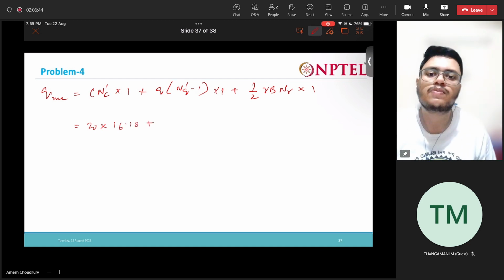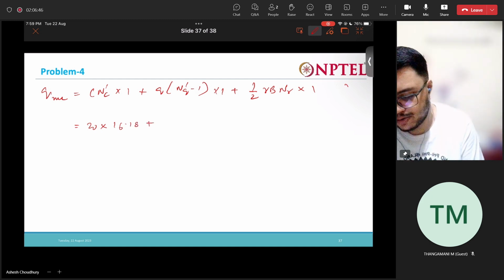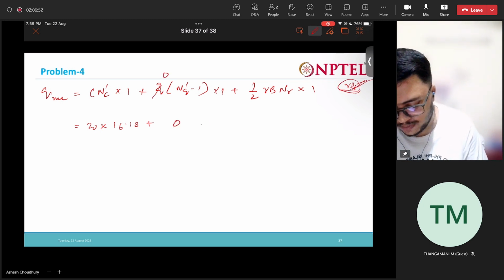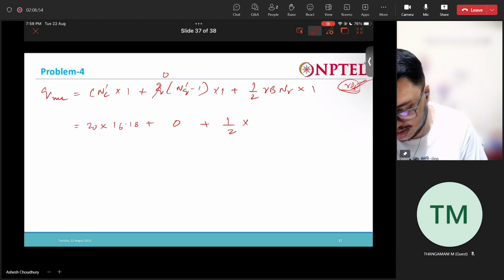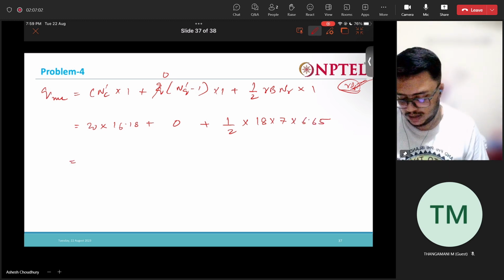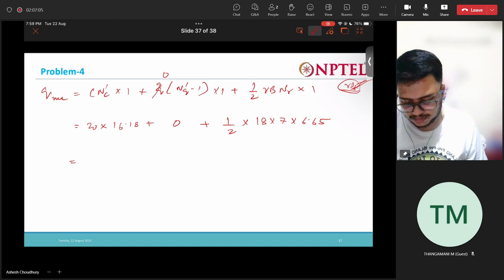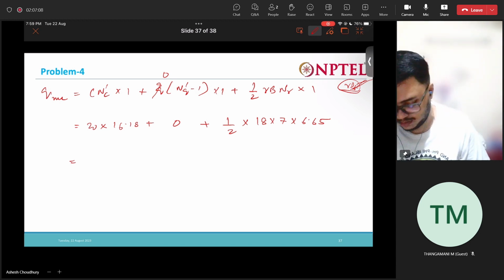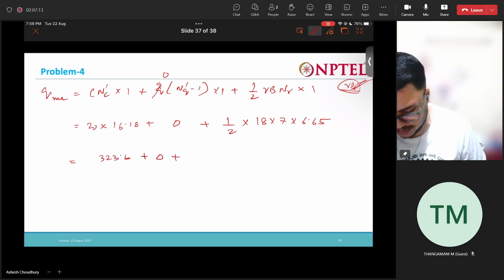What will be q? q is gamma into Df, right? But Df is 0 in our case, so q will be 0. So it is 0 plus half, gamma is 15, B is 7, N gamma is 6.6. Calculate, and we get 742.5.